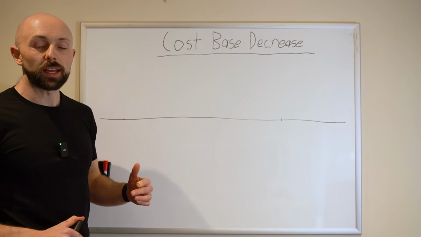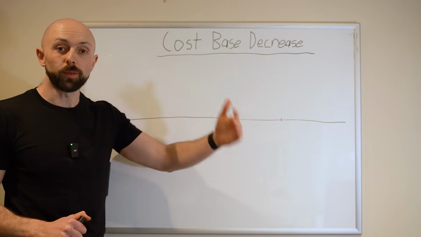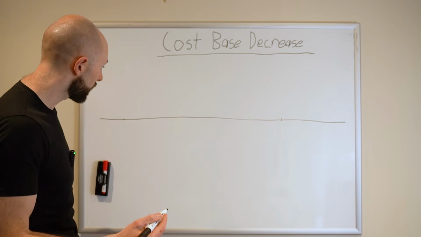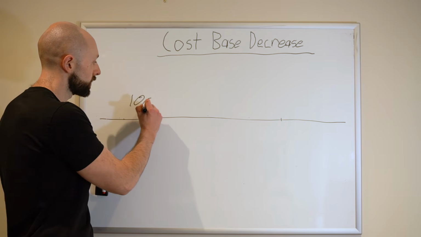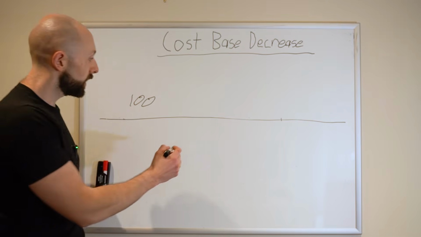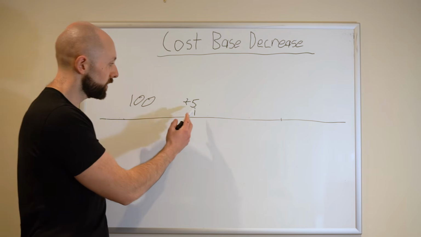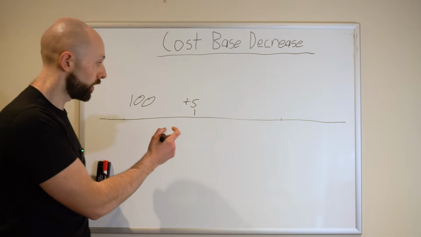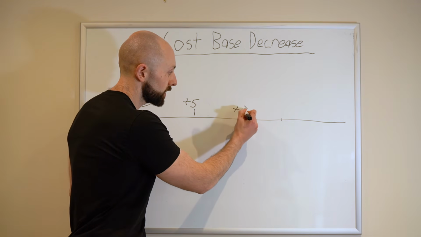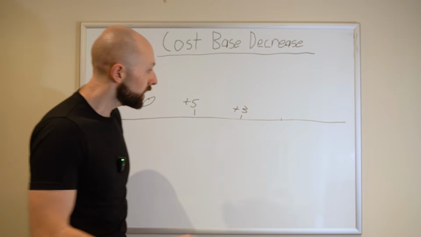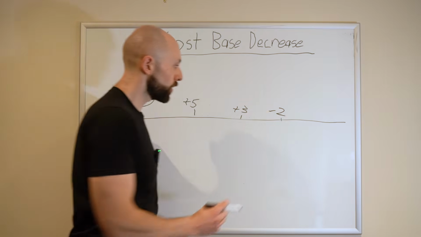So the next question you might have is, how do you calculate these AMIT adjustments as more and more start racking up into the future? Imagine again we've got our $100 worth of shares, and then we have a cost base increase of $5 here, so that becomes 105, and then sometime later we get another cost base increase of 3, and then sometime later after that we have a cost base decrease of 2.